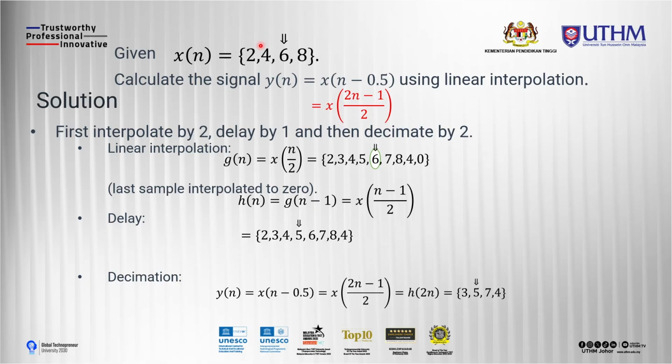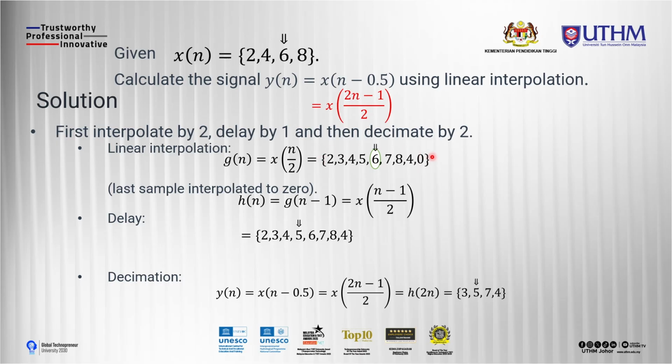So linear, that will be 2, 3, 4. Then 4 to 6, there will be 4, 5, 6. 6 and 8, there will be 6, 7, 8. Then the last sample is interpolated to 0, so there will be 8, 4, 0. So this is the answer from the linear interpolation.